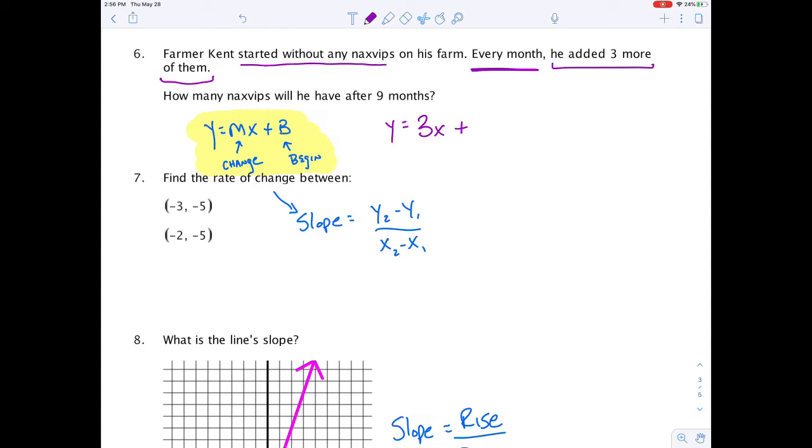This says he began without any NACSVIPs. So I can write +0, but we all know that we don't need that. So we could have a nice simple equation, y equals 3x. And with that in mind, how many NACSVIPs will he have after 9 months? Well, 3 NACSVIPs times 9 months, 3 times 9 will be 27, which is the correct answer for number 6.